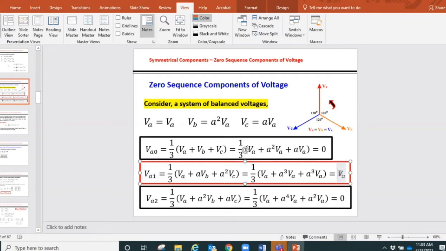It will become equal to VA. That's what I was trying to explain initially, meaning there will be a positive sequence voltage present, whose magnitude and angle will be exactly the voltage of phase A. If we come to VA2, we replace all those values and find that VA2 is equal to 0, meaning there will be no negative sequence voltage.